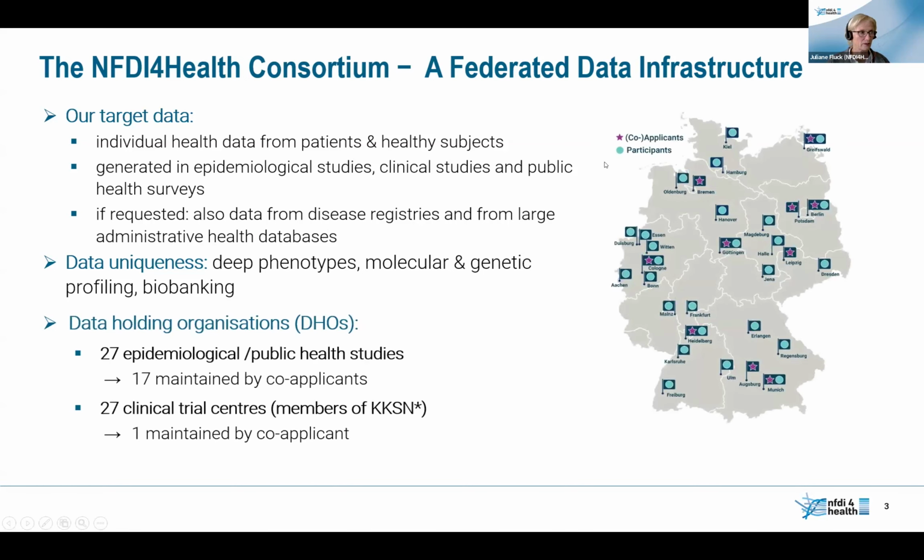In our consortium, which you can find in the whole of Germany, we have the main epidemiological and public health studies, 27 here in this depiction, and also for the clinical trials, we have the clinical trial centers as participants and partners in NFDI4Health.